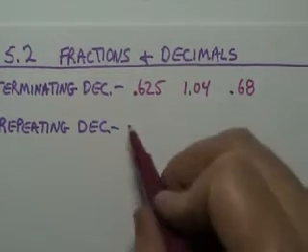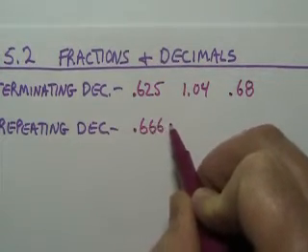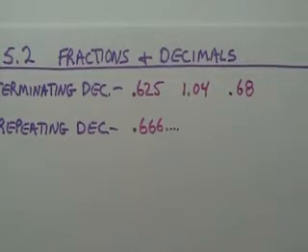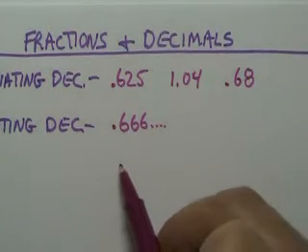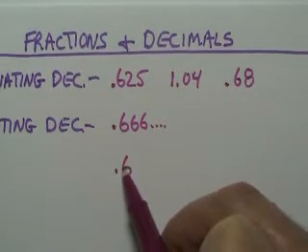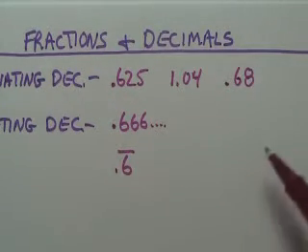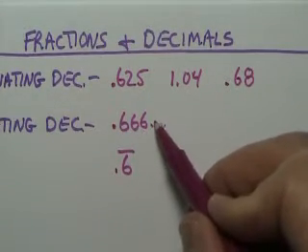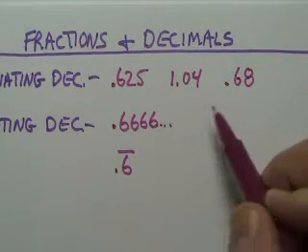Okay, repeating decimals are ones that would look like 0.666, and sometimes we'll put a dot, dot, dot, meaning that it continues on. This can be rewritten, though. We can write it as 0.6 with a bar over it, and that means it just continues. So you can write it either way. I didn't have to write 3 sixes. I could have written 4 sixes. It doesn't matter.